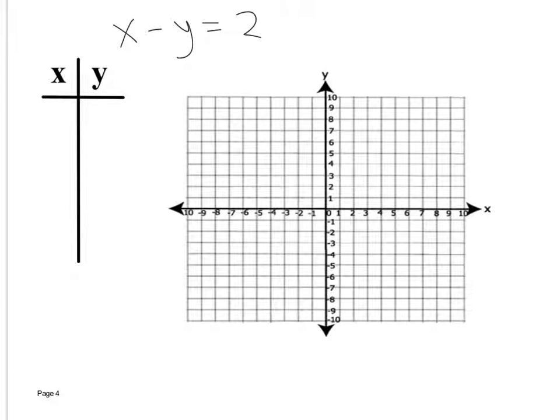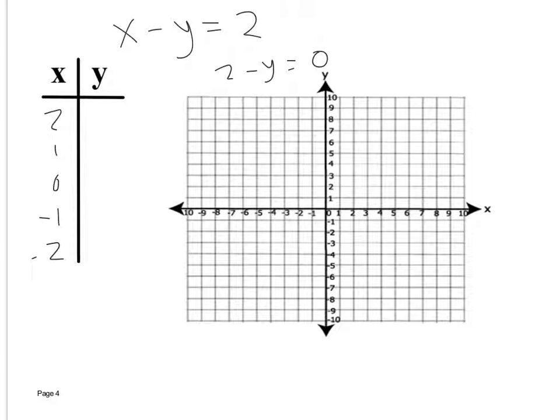Now, it's going to say come up with possible scores. That allows you to pick the numbers. Since we're reading out of the book, I'm going to go with what the book goes with, which is 2, 1, 0, -1, and -2. So write that down as your X. X is your input, so we got to find my Y. I'm going to plug in the X and find my Y. So 2 minus Y is equal to 2.